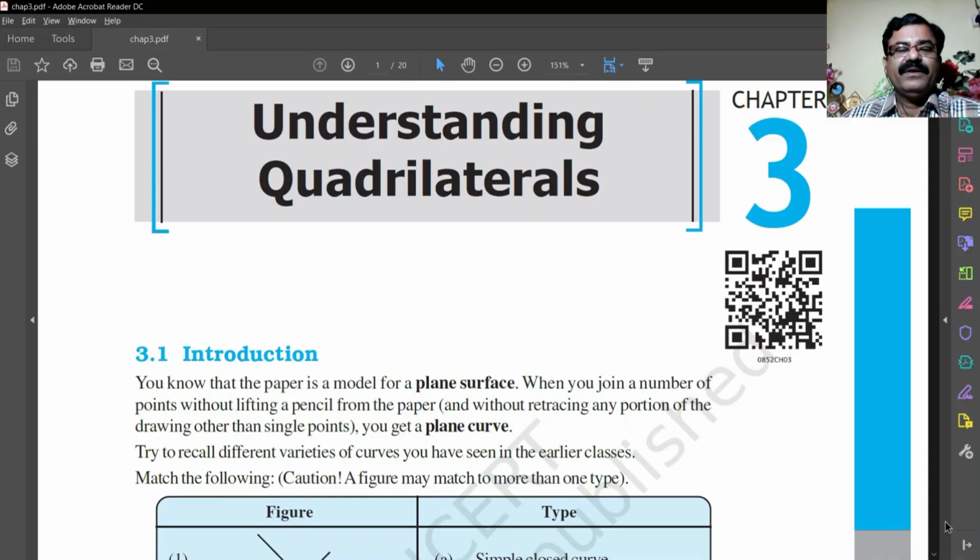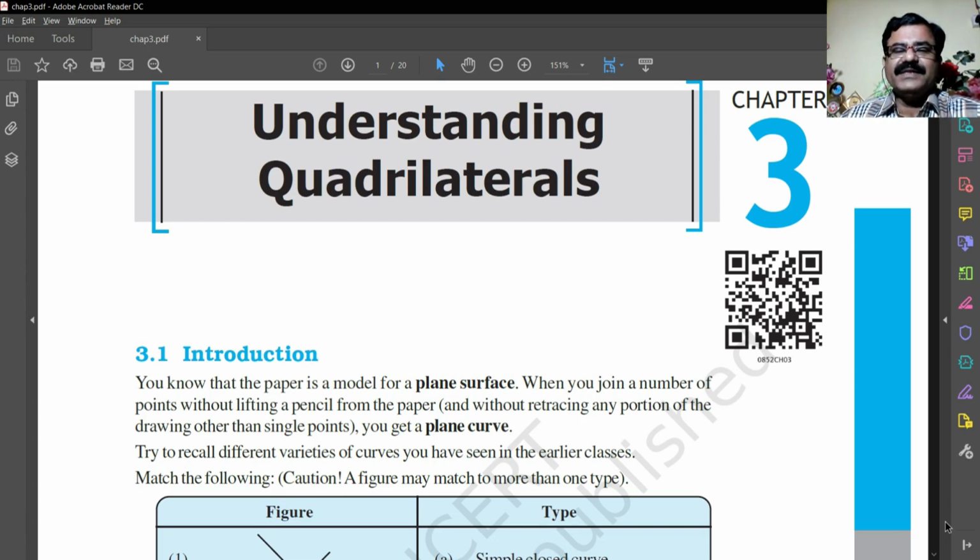Students, before we start, go to your previous knowledge: surface. Surface means you take a model of plain paper.